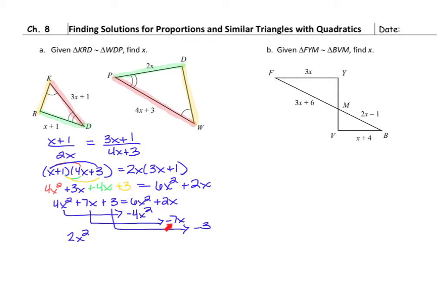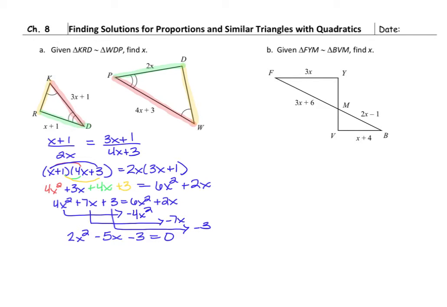And then we have 2x minus the 7x. That's going to give me negative 5x. And then we have to move this 3 over. So subtract 3 from each side. That's going to give me negative 3, and we're going to set that equal to 0. Again, when you're doing these, you really want this A term to be positive.